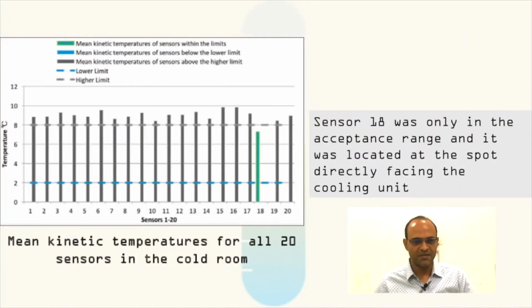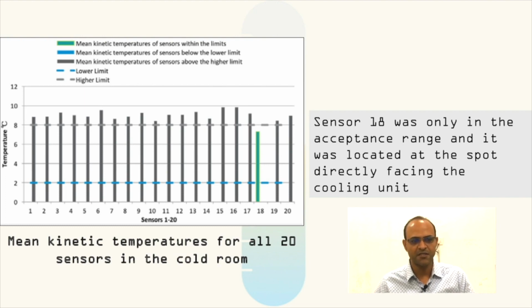Now sensor 18, if you see here, this is again the plot for 20 sensors which have been placed, defining the lower limit of 2 and upper limit of 8. Here, showing the temperature of different sensors, most of the sensors are showing a temperature above the higher limit.